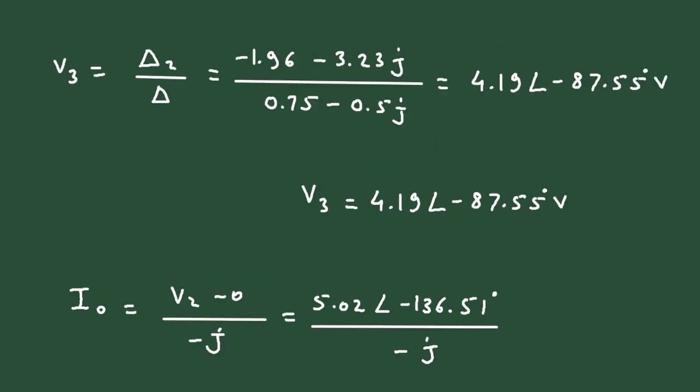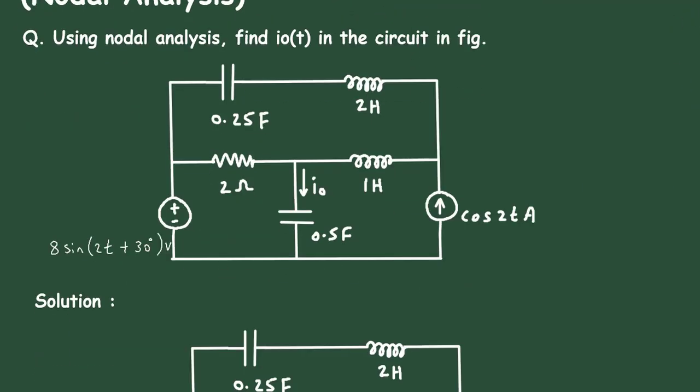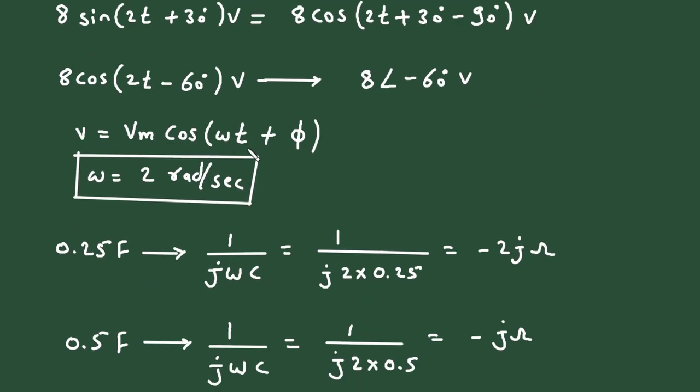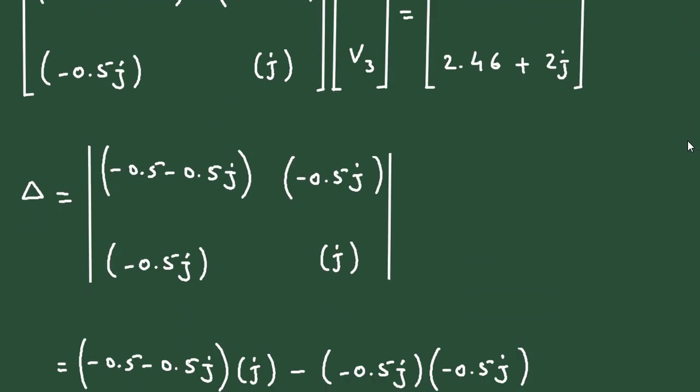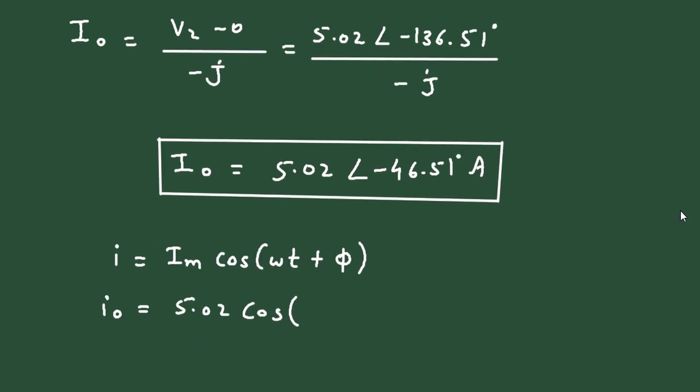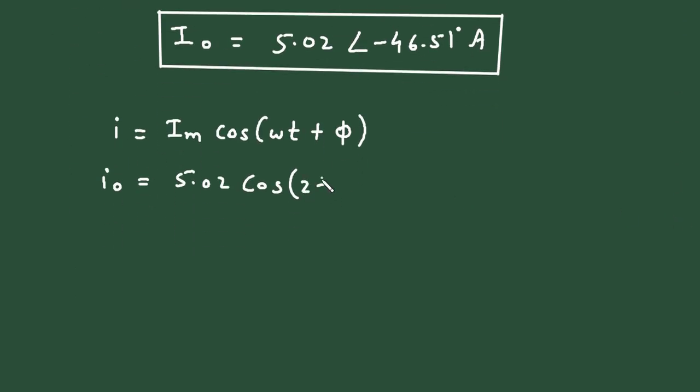The value of omega is 2 radian per second. So it will be 2t plus the value of phi, which is minus 46.51 degree ampere.